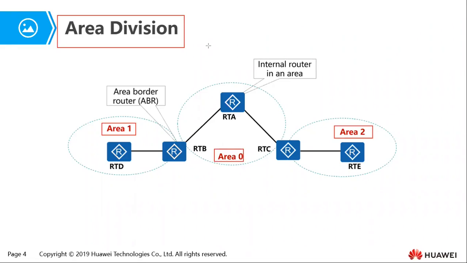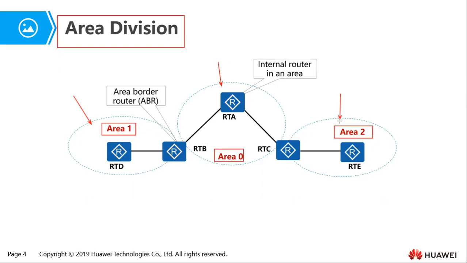The reason why we break down areas is to reduce the number of entries in the LSDB, and to also reduce the burden of route calculation on routers. Because if the routes are so many, the SPT is going to be quite long, and it's going to consume quite some amount of memory and also CPU resources.